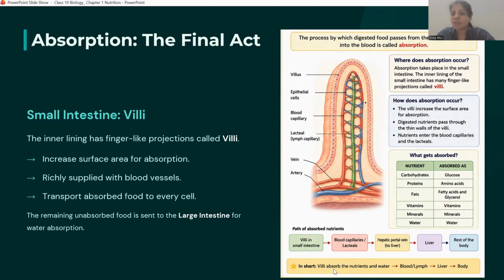So in short, villi absorb nutrients and water and then transfer them into the blood and lymph. So it is all about how your nutrients are absorbed and converted into the simple absorbable form, and then they provide us energy. In this way, the food nutrients which you take through food provide you nutrition. Thank you.